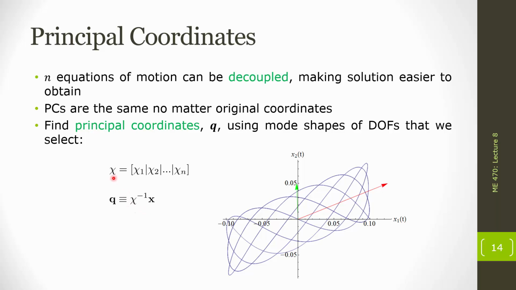If we take this chi, our mode shape matrix or our modal matrix, and invert it, and then multiply it by x, it's going to give us q, our principal coordinates. So it's really just a coordinate transformation that we're doing, going from whatever the convenient or physical coordinate system was into this q principal coordinate system.